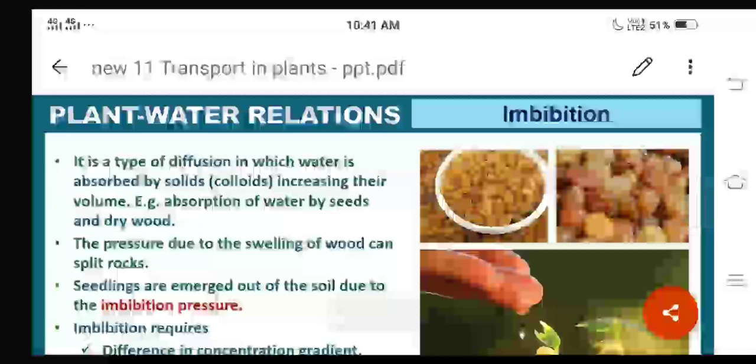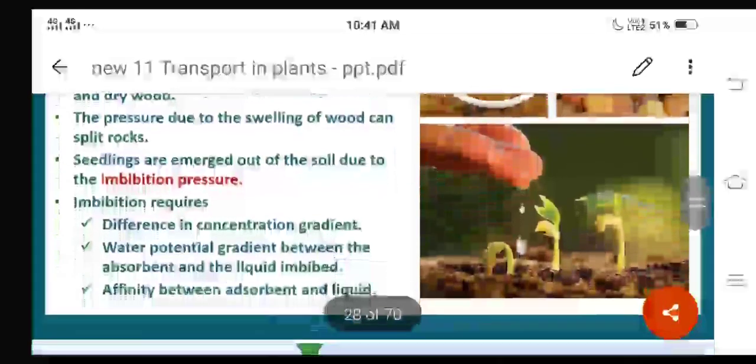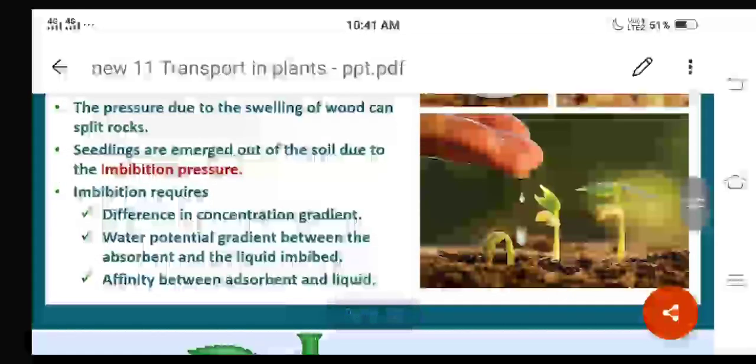And one more point: the conditions necessary for imbibition. What are the important conditions, or requirements, for imbibition to occur? Imbibition requires a difference in concentration gradient.